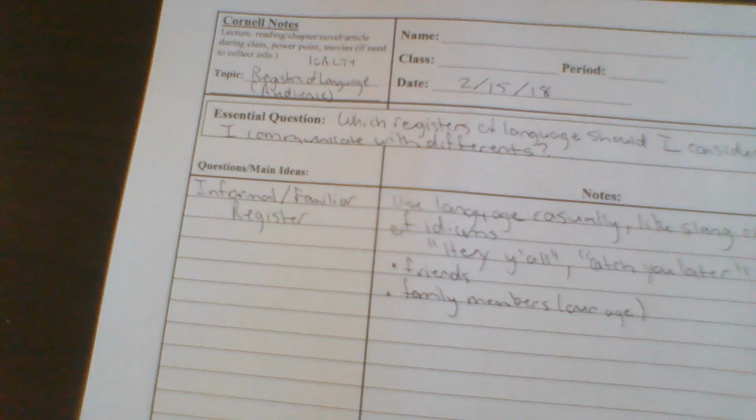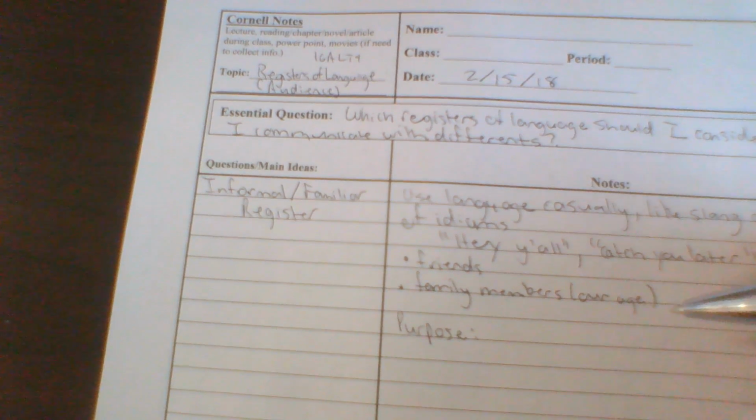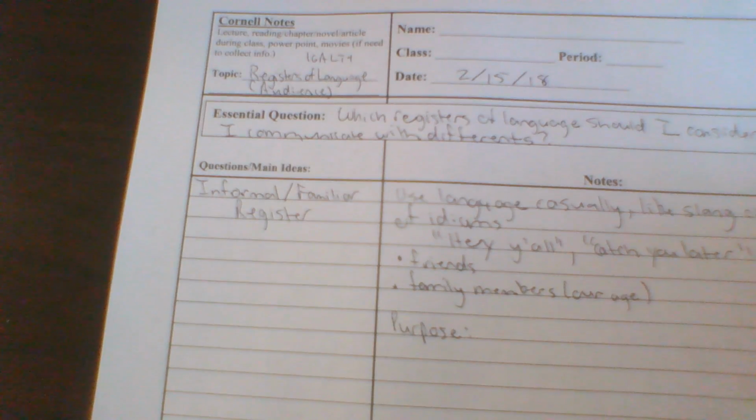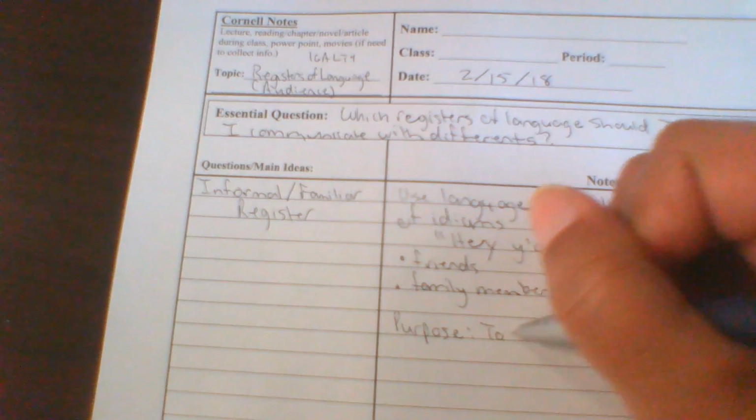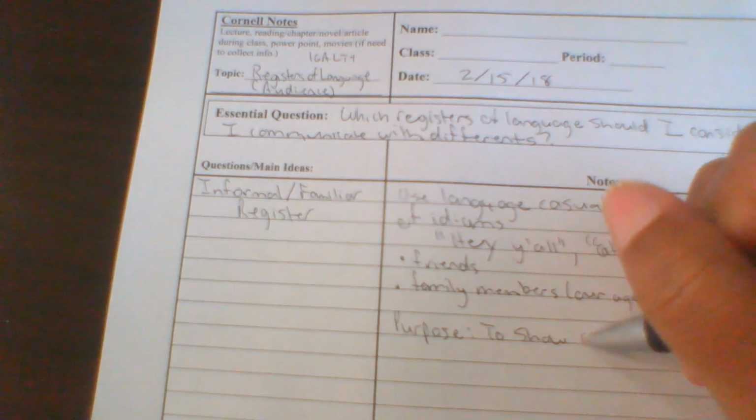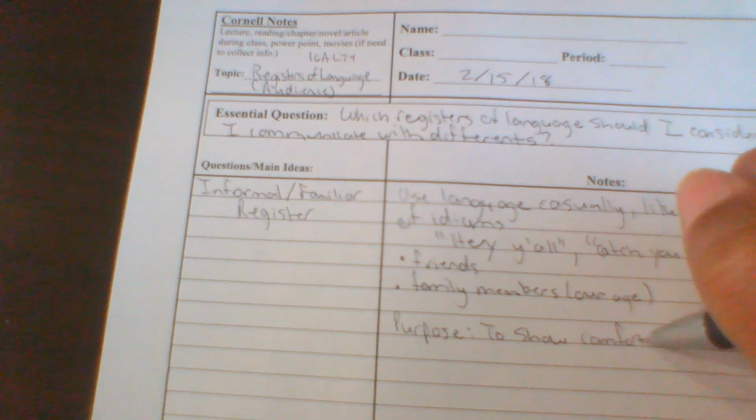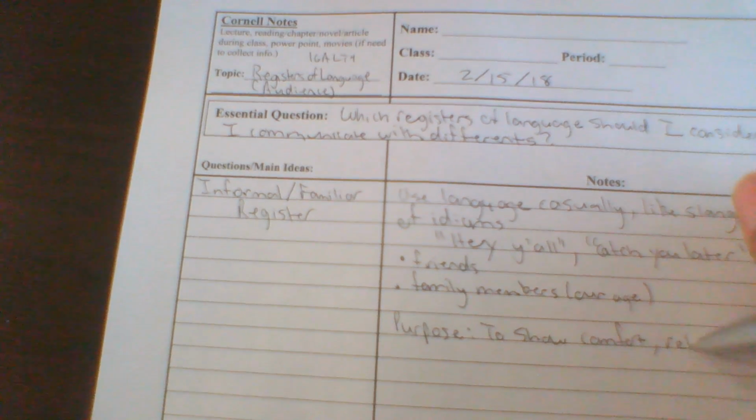What about if someone uses informal or familiar language and they are not a friend or a family member? The purpose for using this language, if it's not with a friend or a family member, might be for a number of reasons, but I'm going to identify one reason that a person might use informal language, and that is to show comfort or reliability.